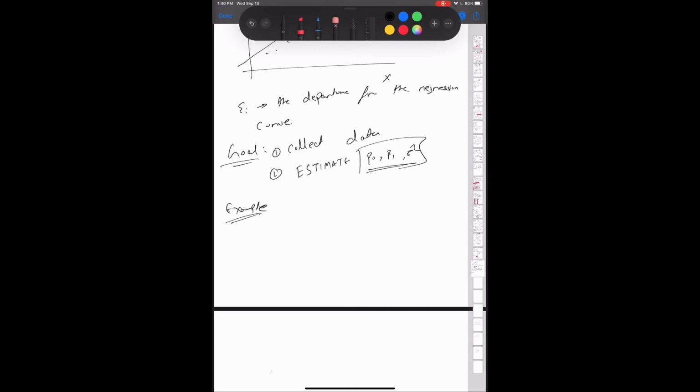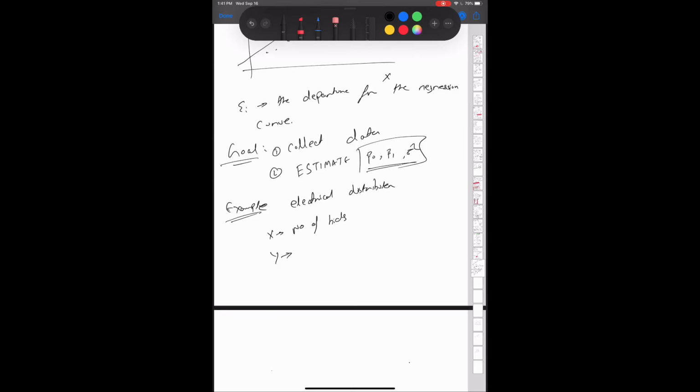Let's consider the example. A consultant for an electrical distributor is studying the relationship between x, the number of bids requested by construction contractors for basic lighting equipment during the week, and y, the time required to prepare the bids.